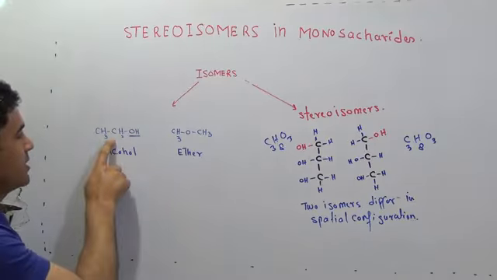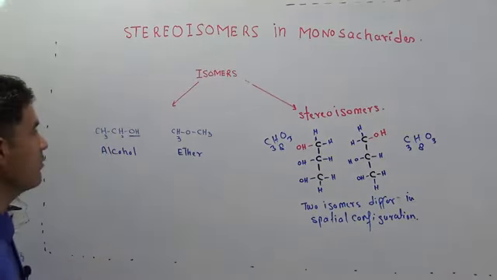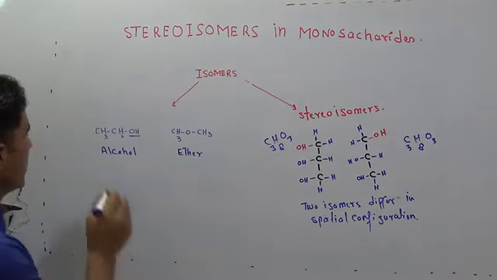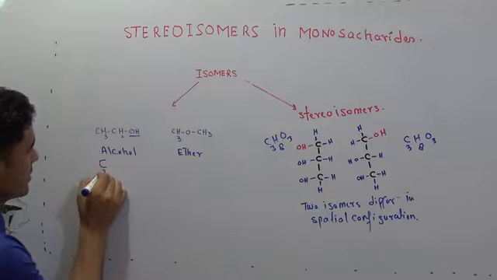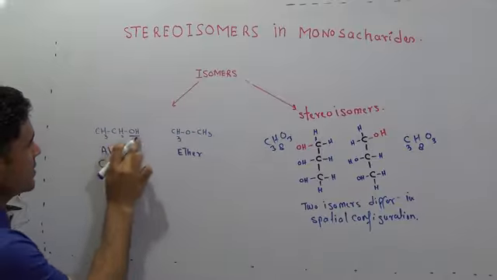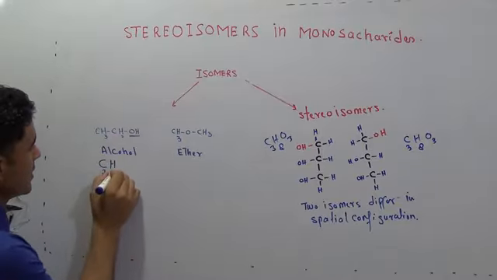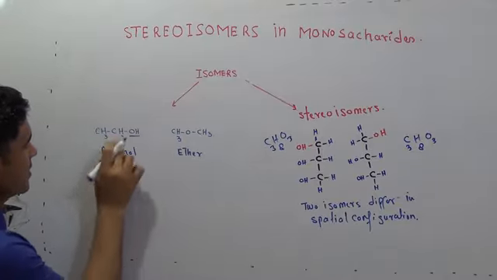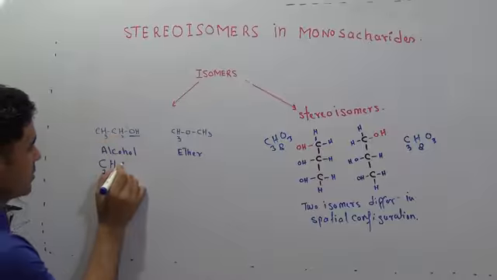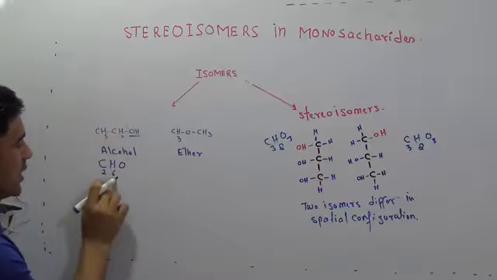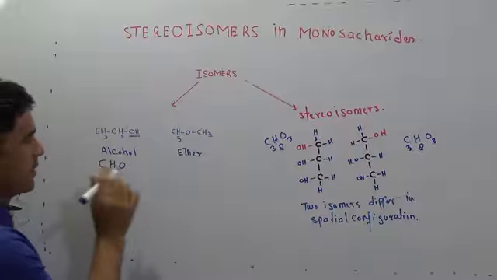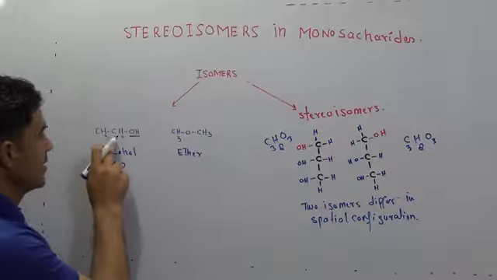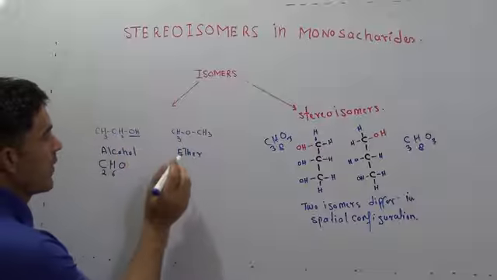If we check the molecular formula of this compound, there are two carbons, so we write C2, and six hydrogens, so H6. Only one oxygen atom is there, so we write only O: C2H6O. This is the molecular formula of the alcohol, ethanol.